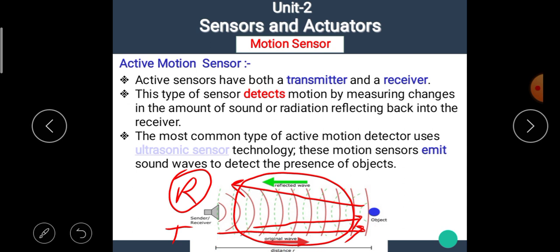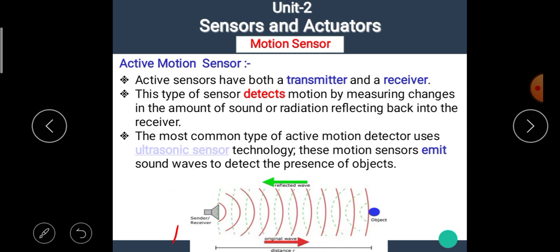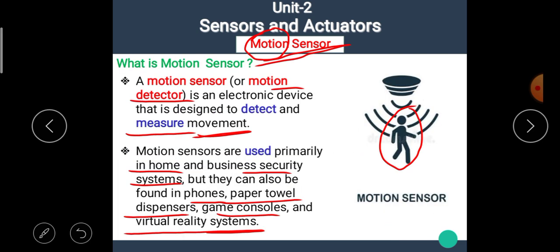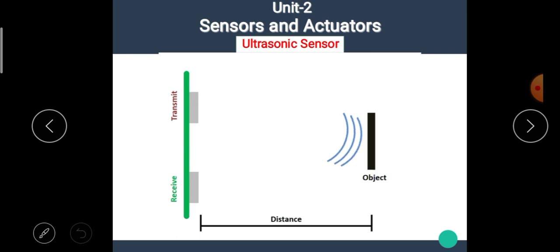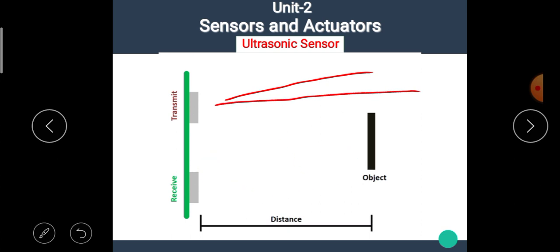Okay, but here we use the ultrasonic sensor to detect the motion of an object or any human beings or living beings. I hope you all remember the working principle of the ultrasonic sensor. Let's see once again. The transmitter continuously transmits the ultrasonic waves.